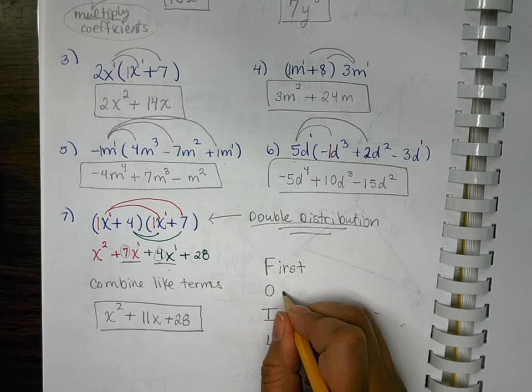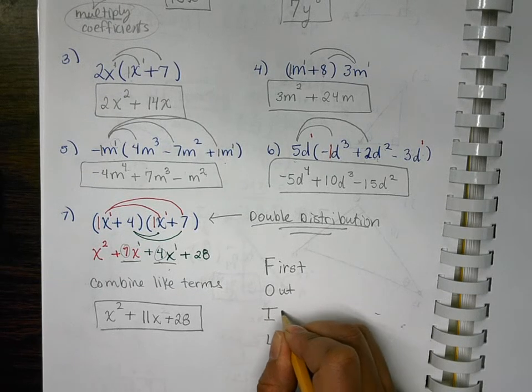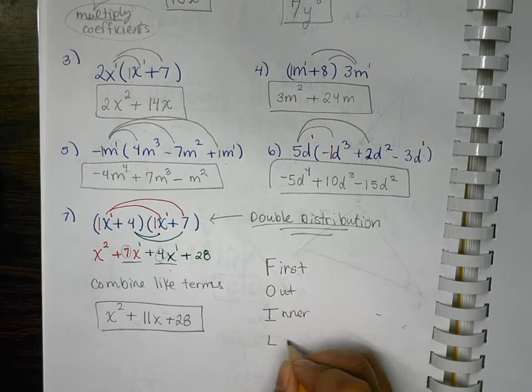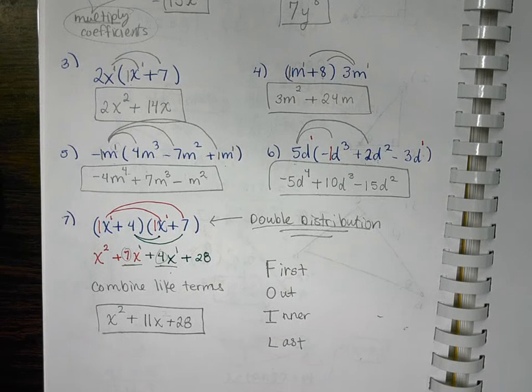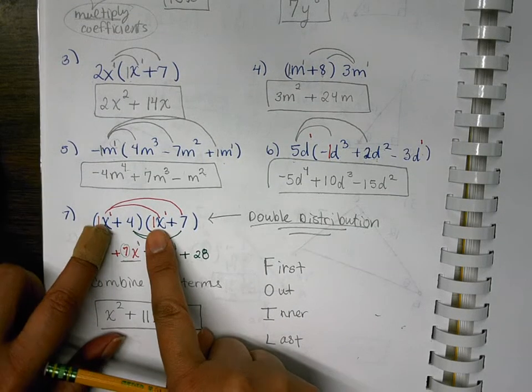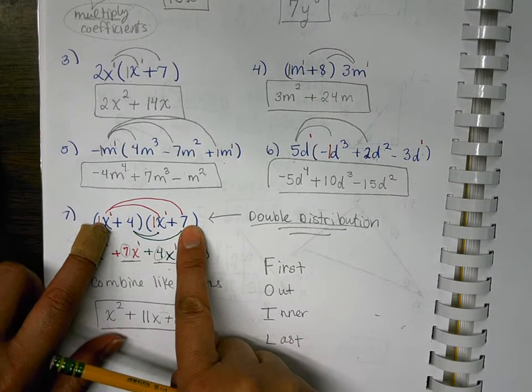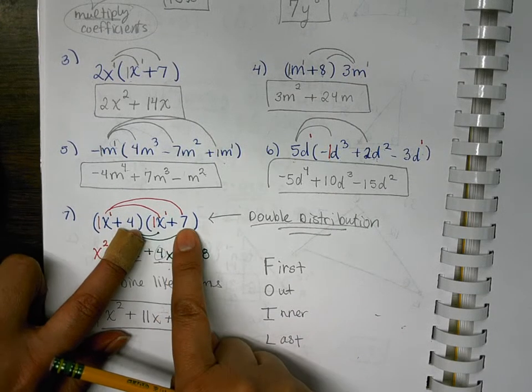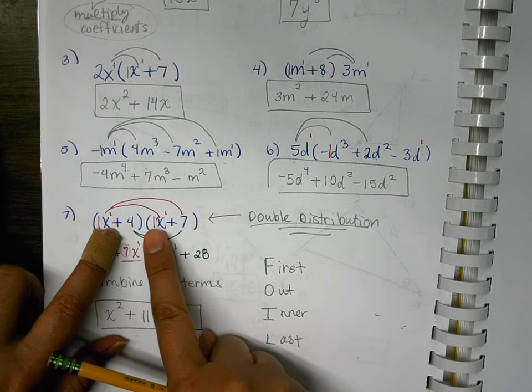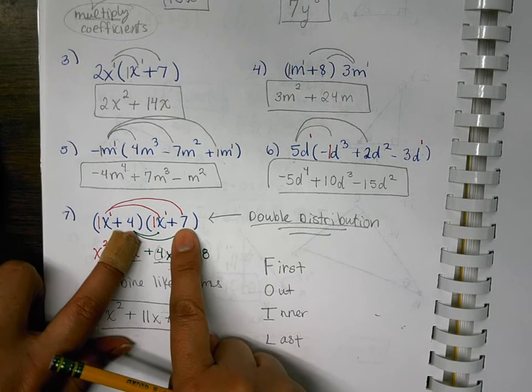F stands for first, outer, inner, last. First, outer, inner, last. What does that mean? The F stands for the first terms, outer terms, inner terms, last terms.